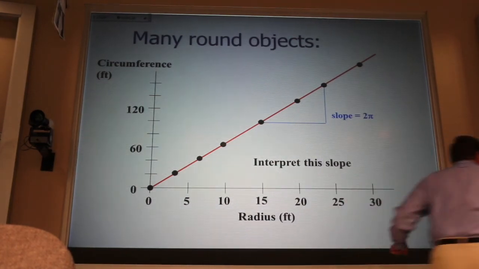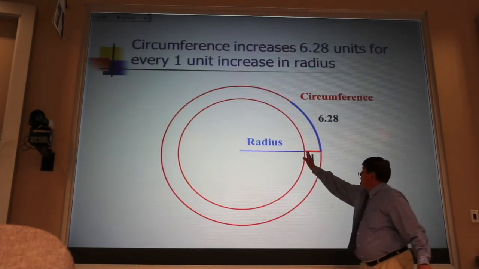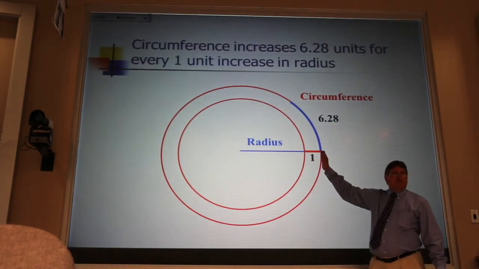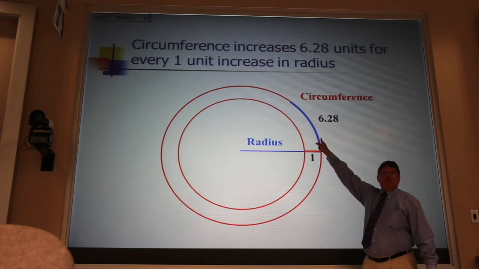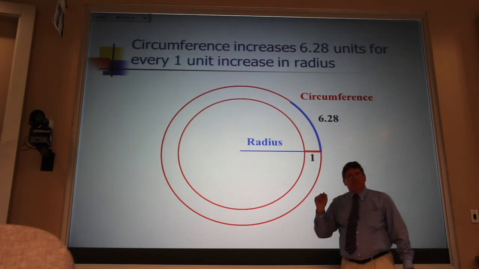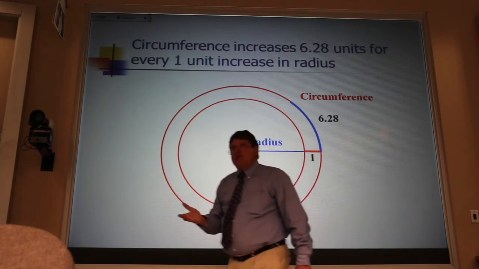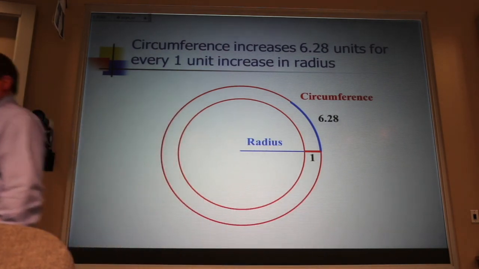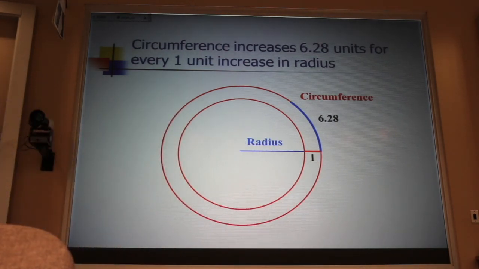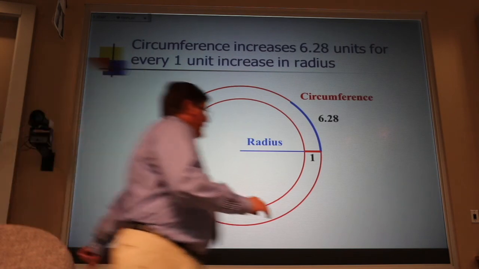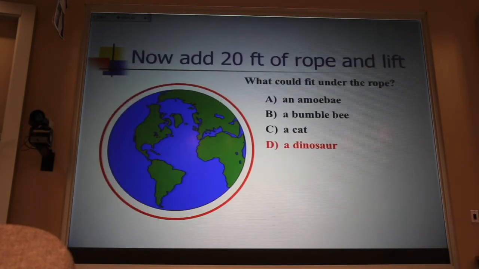That means if I want to raise this rope up off the ground 1 foot, I have to add 6.28 feet of rope. Now 20 is 3 times 6 for large values of 6. So that means that when we add 20 feet of rope, we're going to be able to lift that rope 3 feet. And that's big enough for a dinosaur to get under.